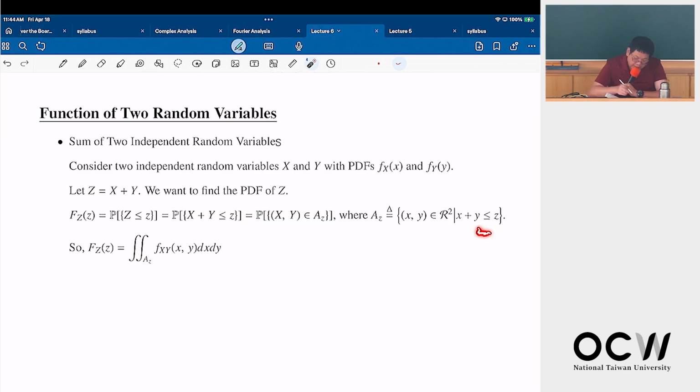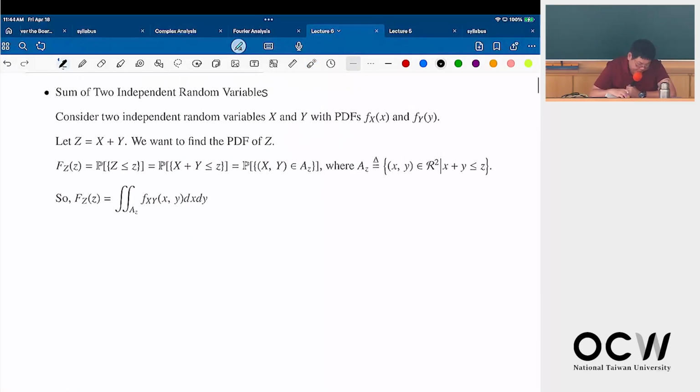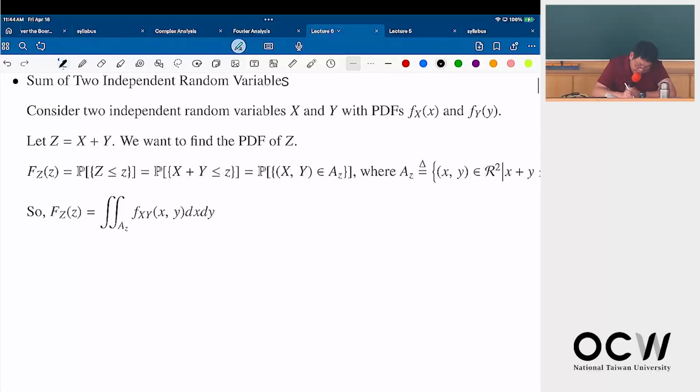So now, for the CDF of z, we can consider the joint PDF of x and y in the region AZ. They are independent.